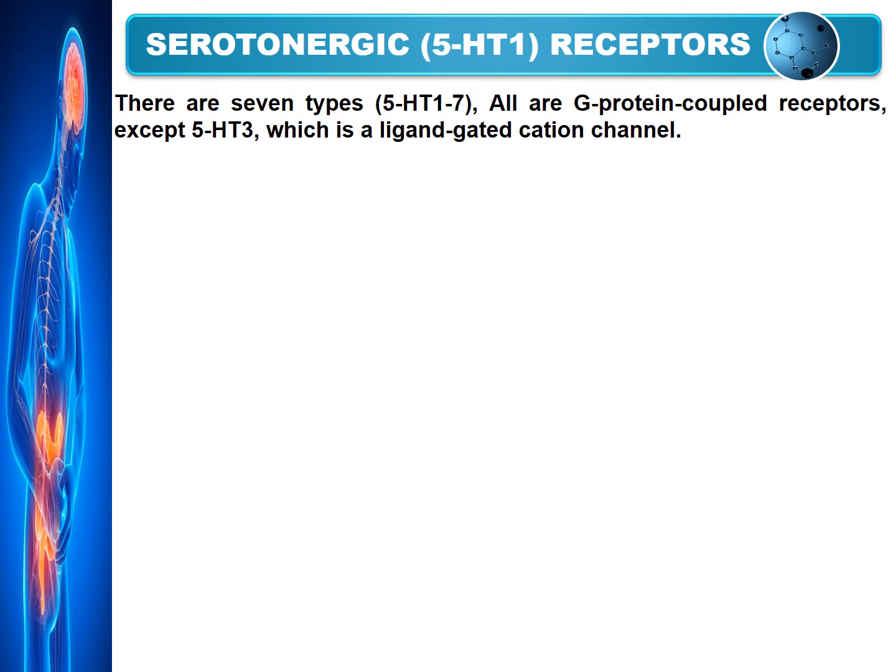They are the 5-HT1, 5-HT2, 5-HT3, 5-HT4, 5-HT5, 5-HT6 and the 5-HT7. And all are G protein coupled receptors except the 5-HT3 receptor, which is a ligand gated cation channel. So let us discuss these receptors one by one to refine our knowledge.